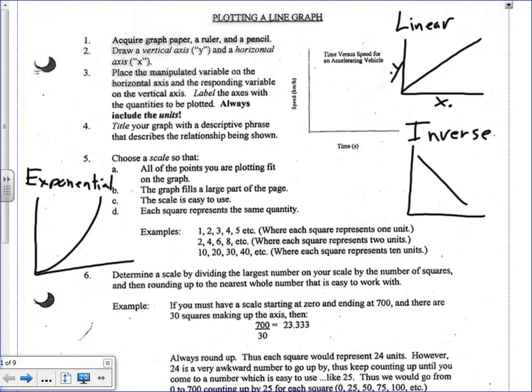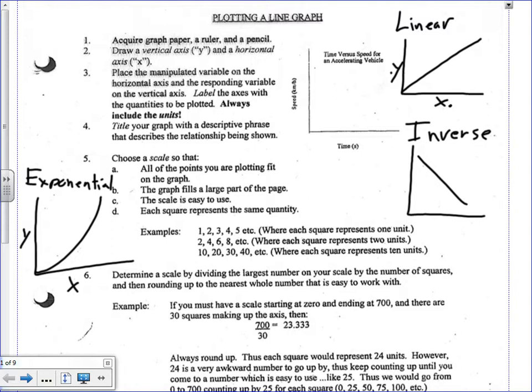In an exponential relationship, what we usually have is that whatever increase in x happens, y happens squared, cubed, or to some other exponential power. So if I was to double my manipulated variable, my responding variable would go up by a factor of 4. If I was to triple it, it would go up by a factor of 9. That would be a squared or exponential relationship.